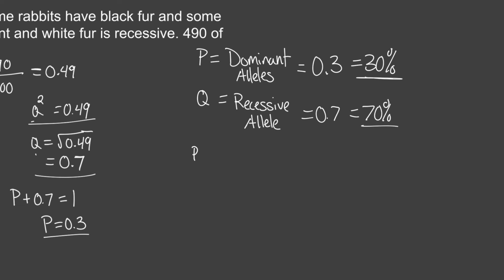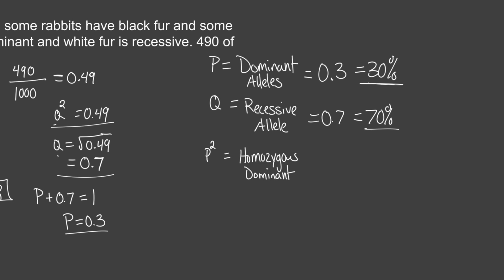Our P squared value, which is our homozygous dominant organisms, so the rabbits in this case that have two dominant alleles, we had a value of 0.09, which equals 9%.